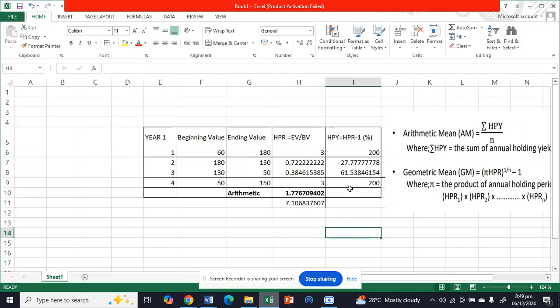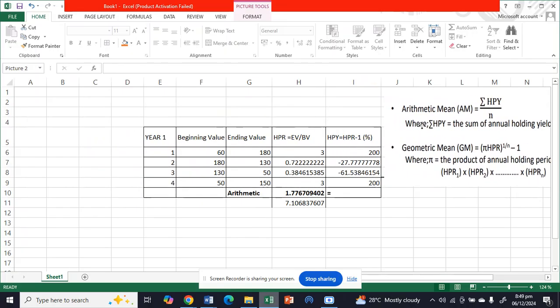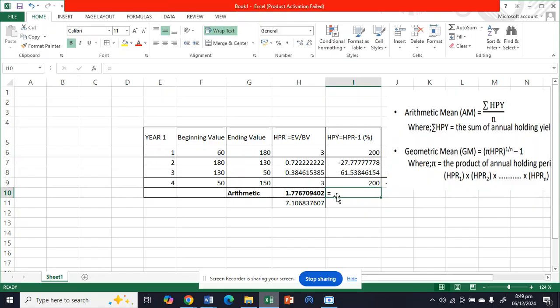So we're also going to do the same for our holding period yield. On average, how much did our investment grow by? First we add up everything. So we add up the percentages. 200 plus negative 27.77 plus negative 61.5 plus 200, we get 310.